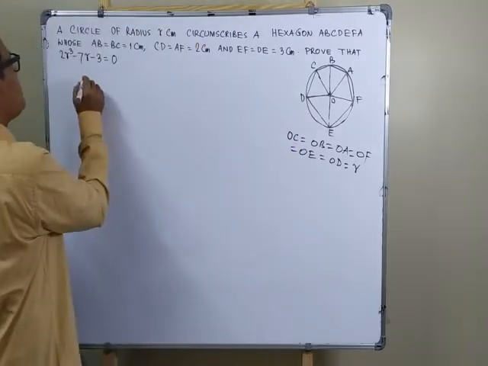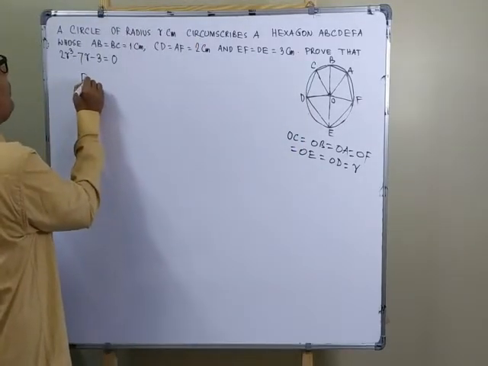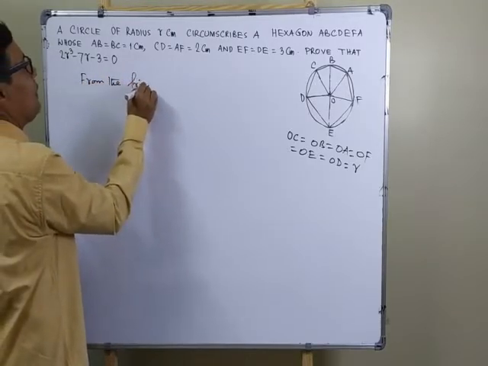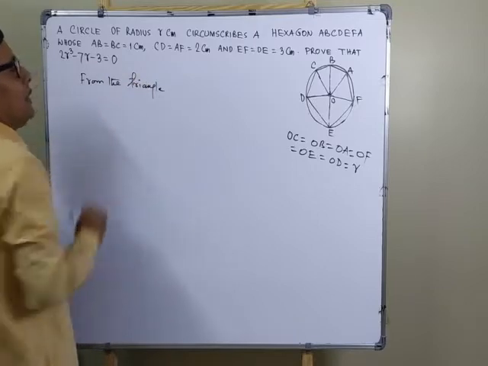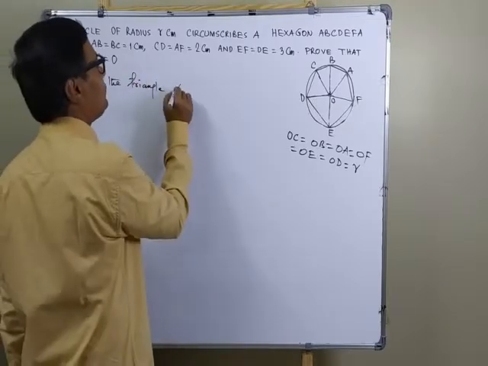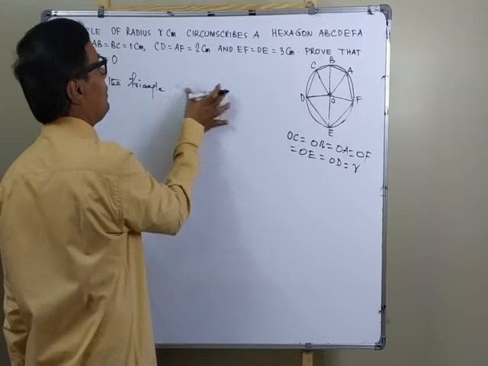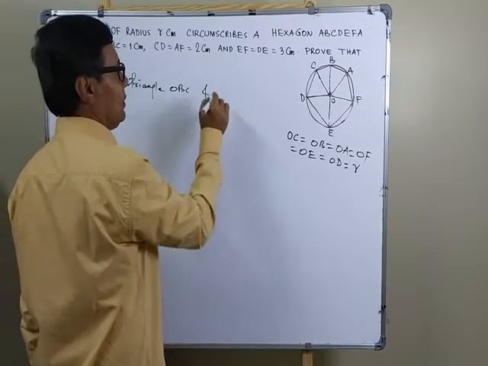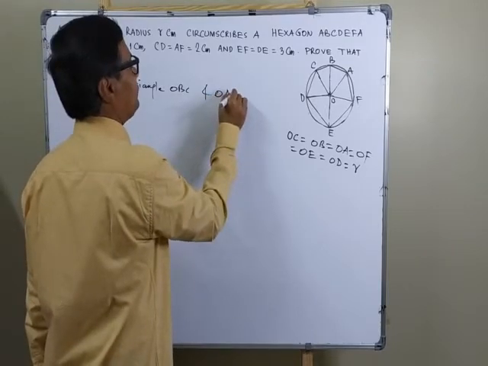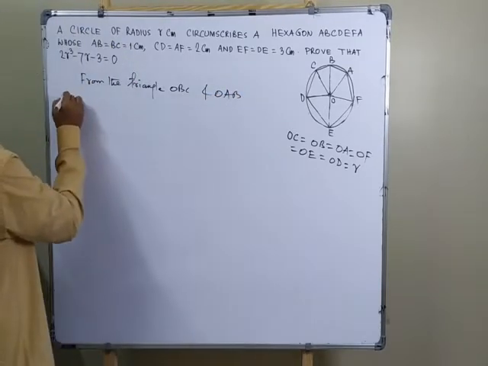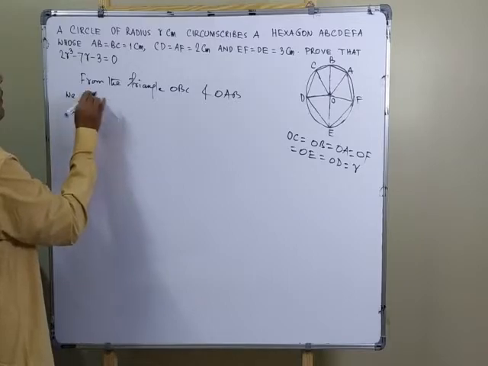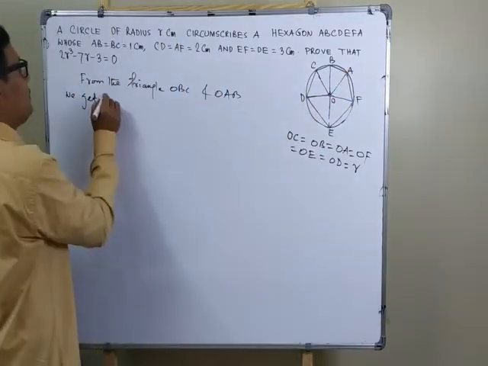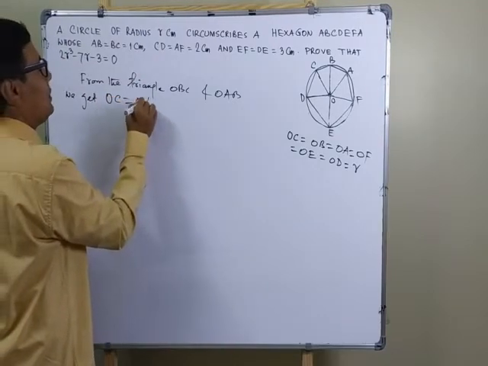From the triangle OBC and triangle OAB, we get OC is equal to OA.